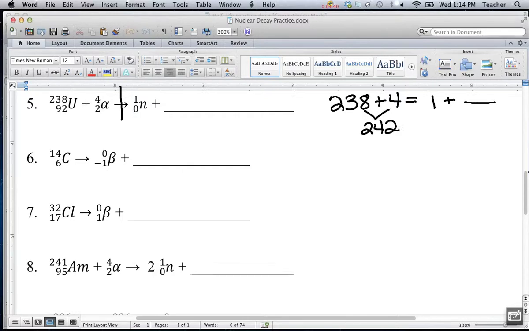So 242 is equal to 1 plus, so that number is going to be 241. On the bottom, I would have 92 plus 2 is equal to 0 plus, and in the blank goes 94. And looking up element 94, I would have plutonium.